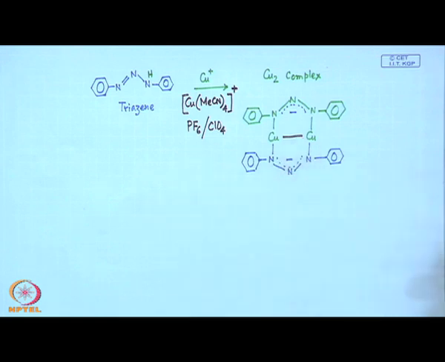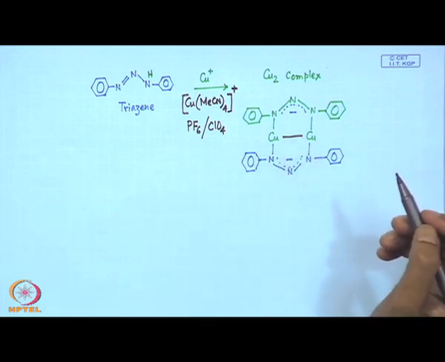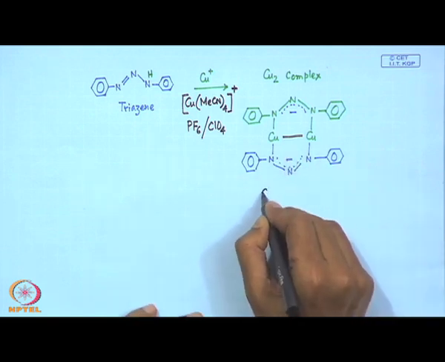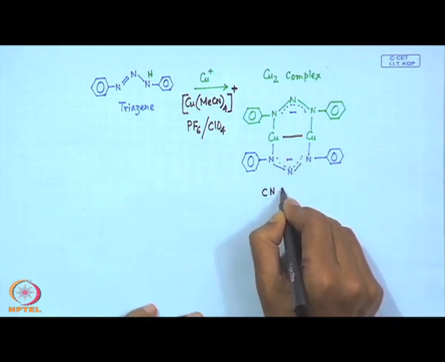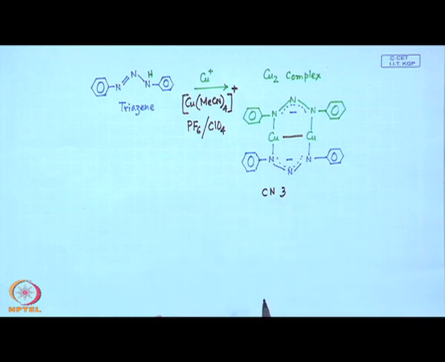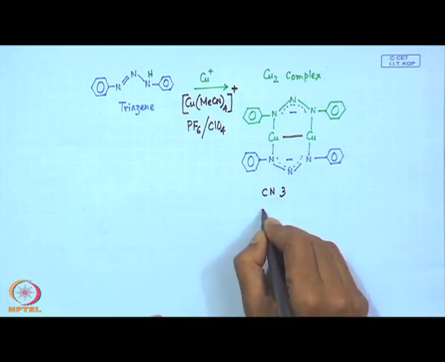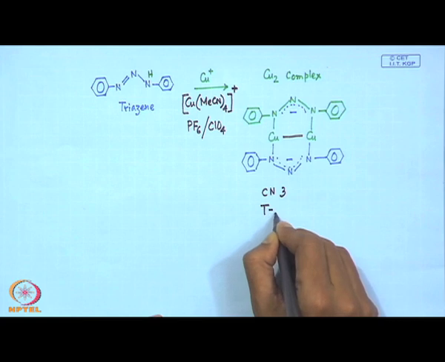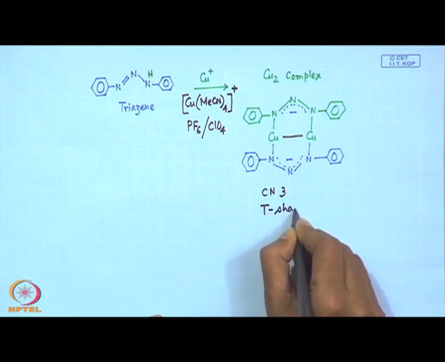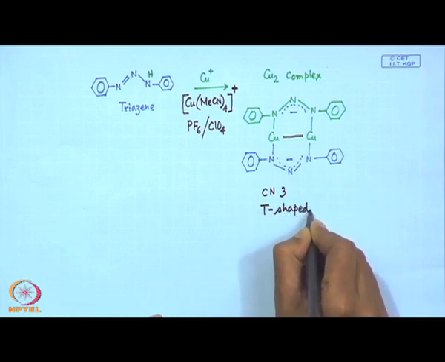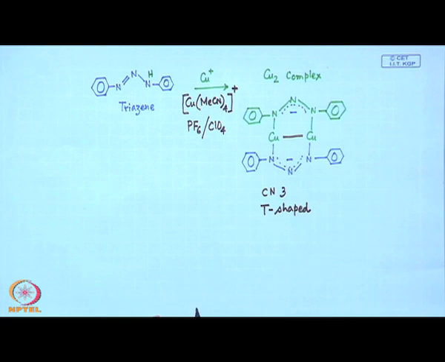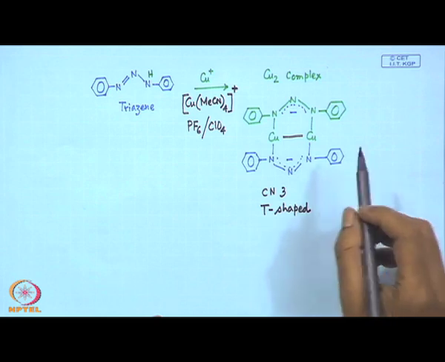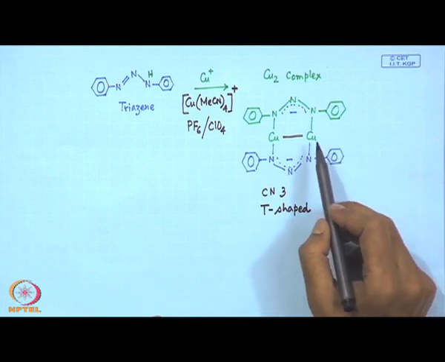And now, if we have some copper-copper bond or copper-copper interaction, we get a corresponding coordination number of the copper centers of 3, which is also T-shaped. So, this is a very unique example where we do not have any other option for any other type of geometry.